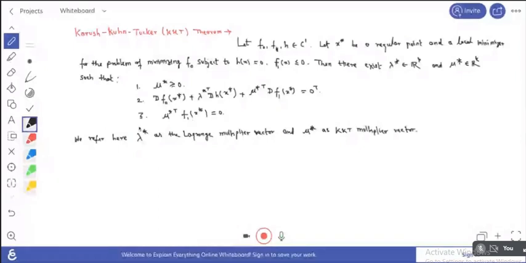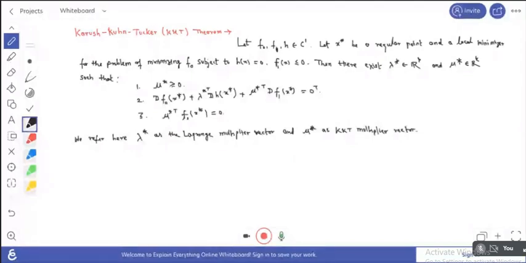Third, mu star transpose multiplied by the inequality constraint f1 of x star equals 0. These three conditions are your main KKT theorem, where lambda and mu are the Lagrange and KKT multipliers respectively.